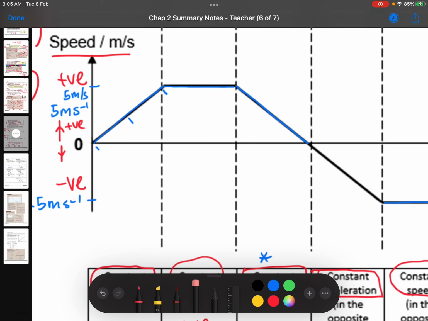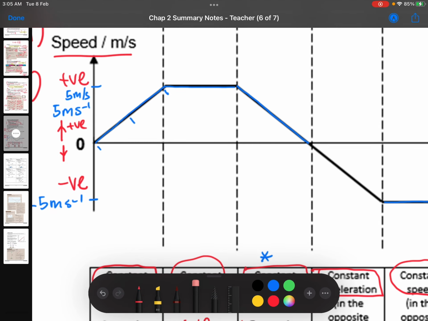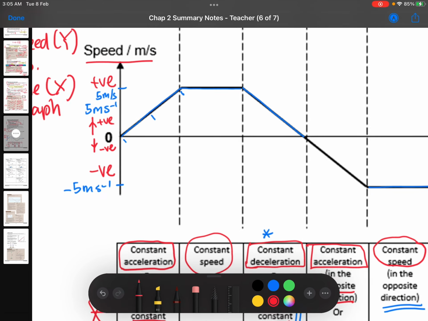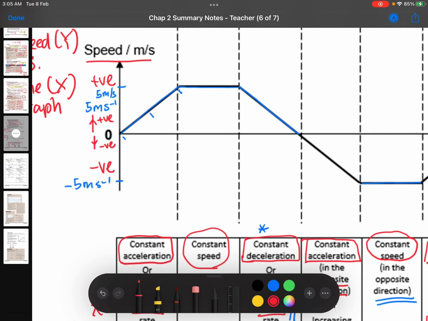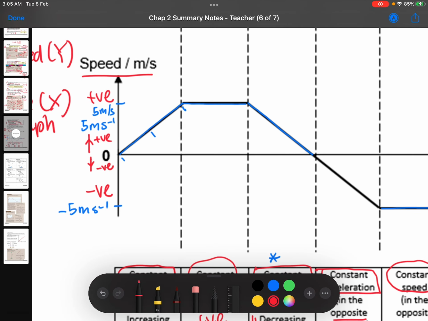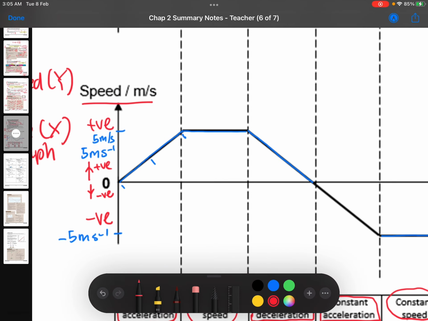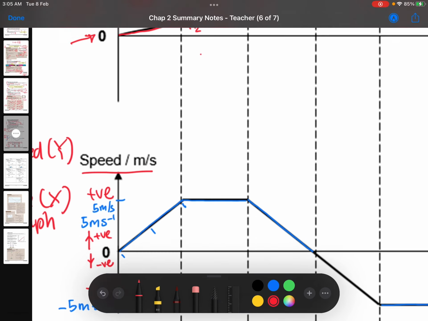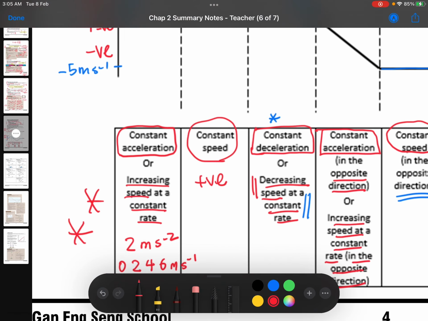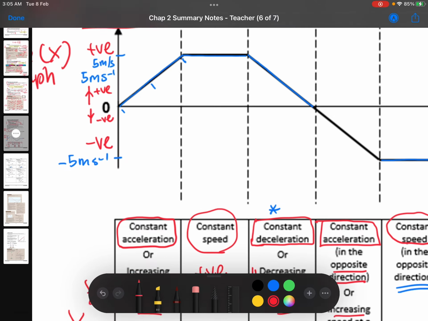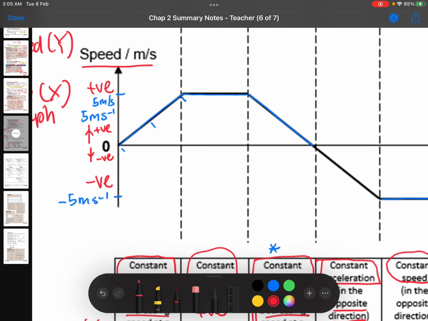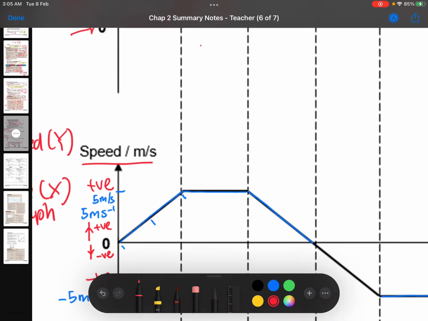Okay, so in this context, throughout the graph, the speed here is positive. Okay, so now what do we see of the distance? Remember we are talking about deceleration, or decreasing speed at constant rate. So your speed is decreasing at a constant rate. That's why it's linear, it's a straight line.